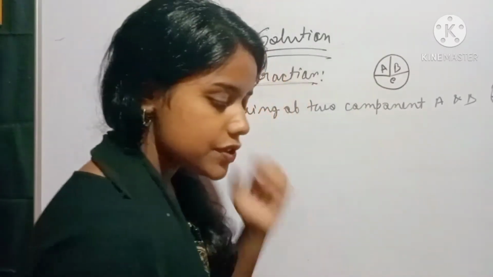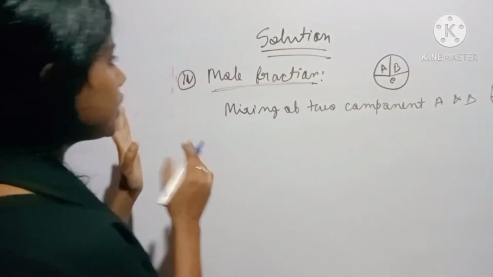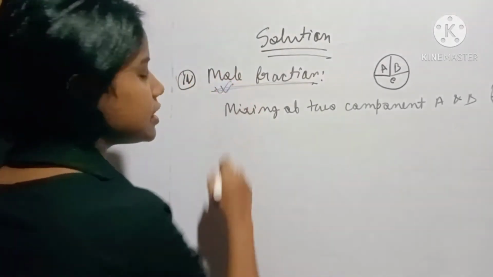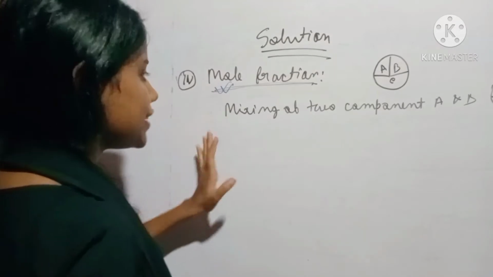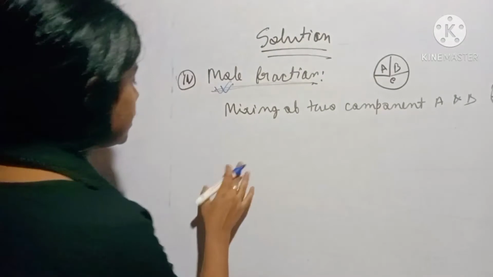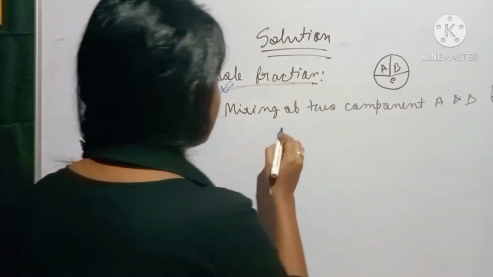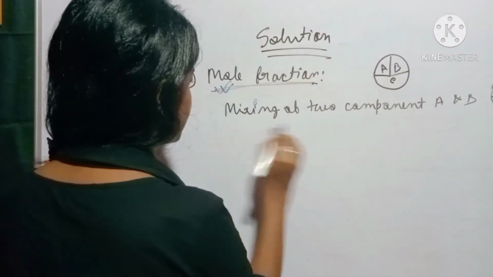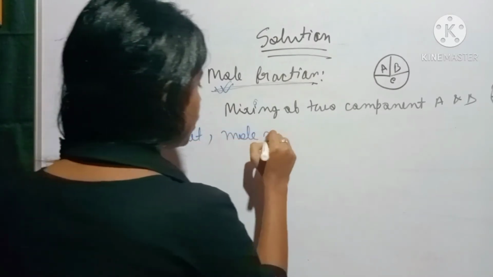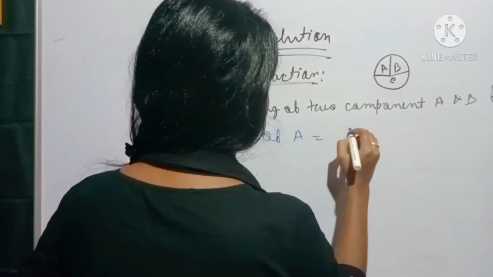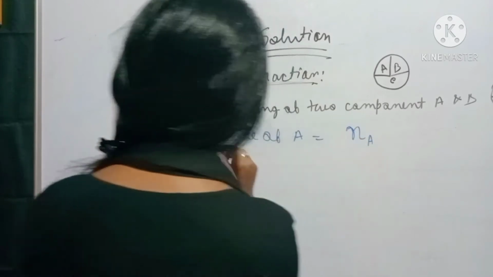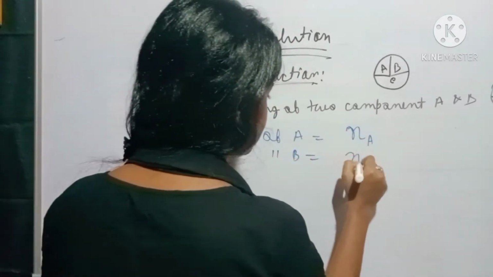Okay, so first of all, if we want to calculate mole fraction, you need to know about mole. We already learned about mole in our first year, but let me tell you again in case you forgot. Let mole of A equal NA and mole of B equal NB.